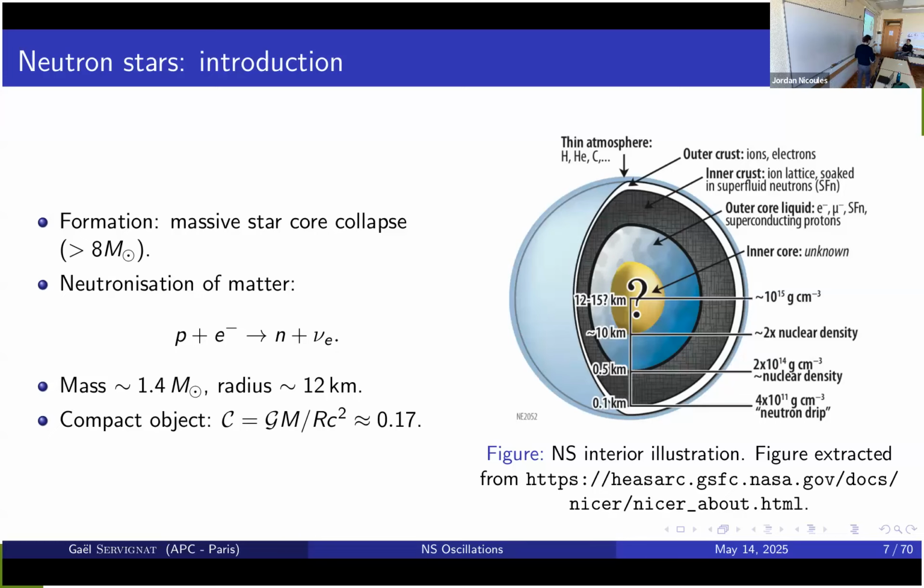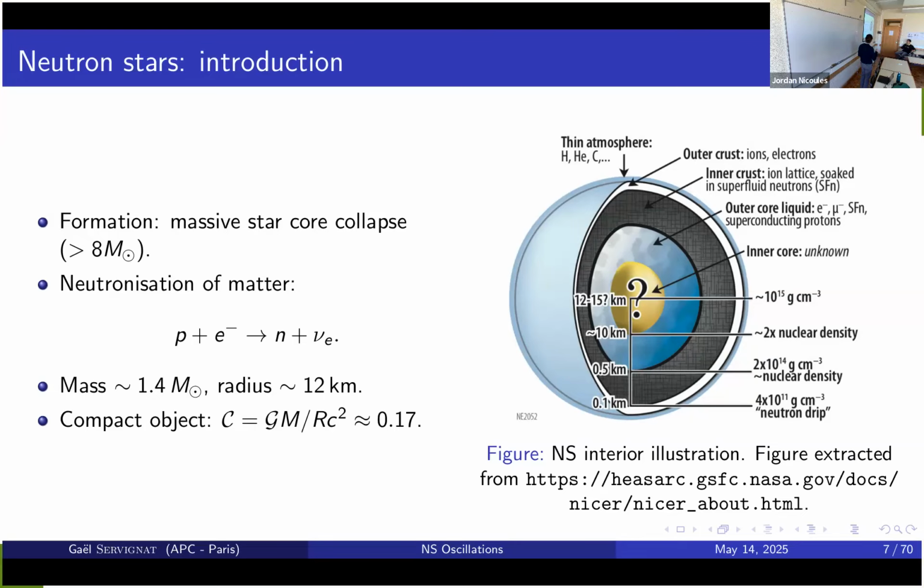And the point of neutron stars is that they are so dense that they reach densities inside that we cannot see or reproduce elsewhere. So being able to probe the inside of a neutron star would give us a lot of information about what happens in the really high density regimes and rather low temperature part of nuclear matter properties. You have several layers.